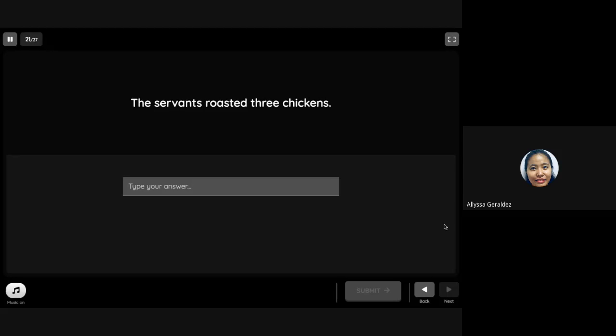The servants roasted three chickens. So we change this into passive. Three chickens, that's the object.